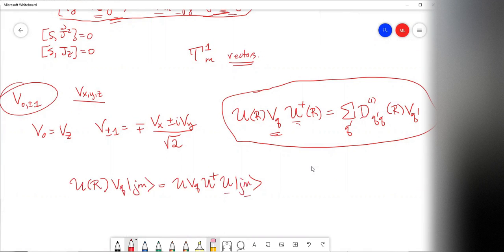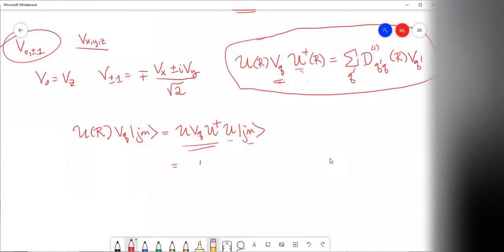And now we know everything about what this is. This U can act on this JM. This guy obeys this transformation rule. And so this thing is sum over Q prime D1 Q prime Q. I'm just copying this part. I'm going to drop the dependence on R, and it depends on the rotation that you're interested in. But this guy transforms like dj, right? Because it's angular momentum j. And then it's m prime m. Of course, we've got the vq prime here from over here.